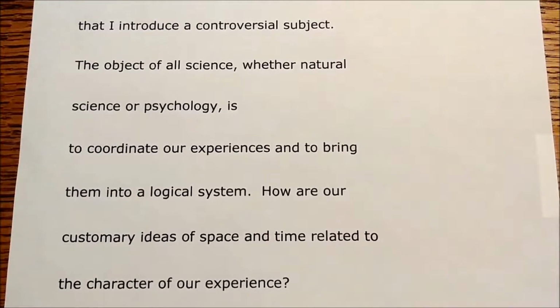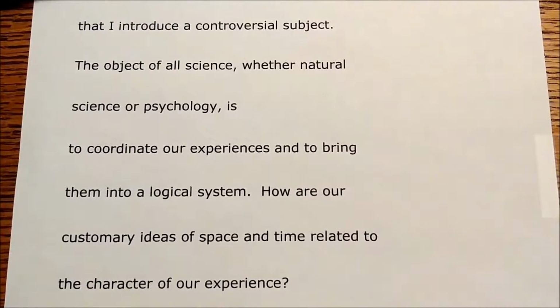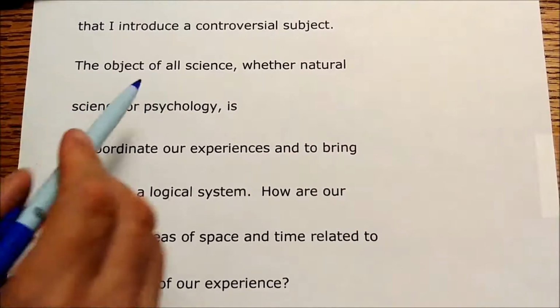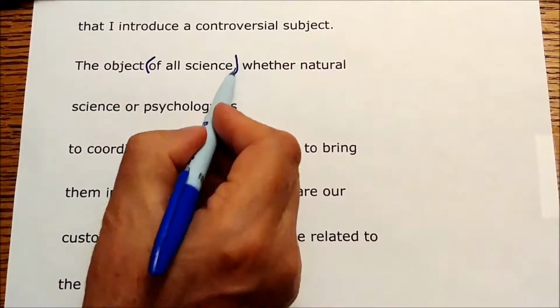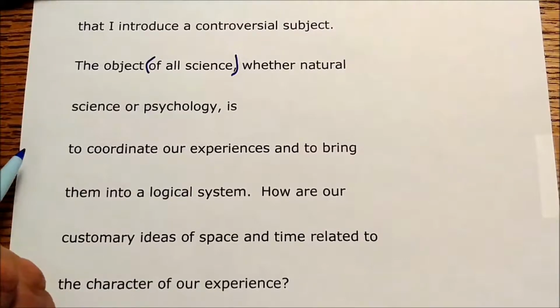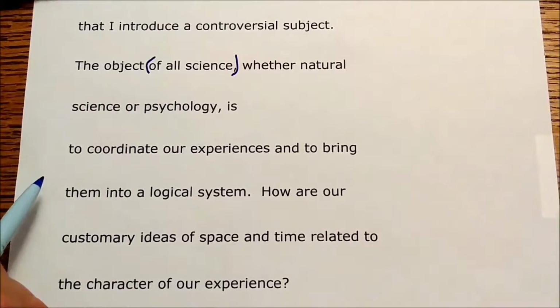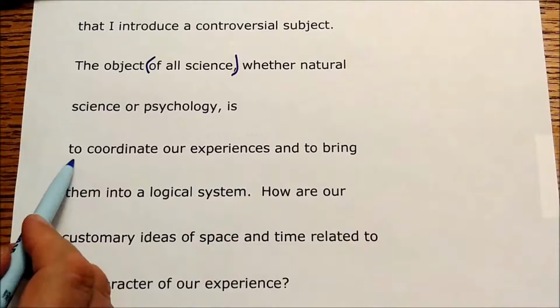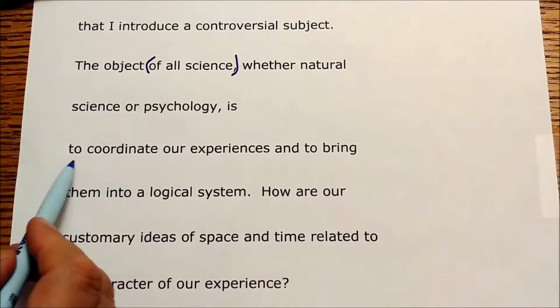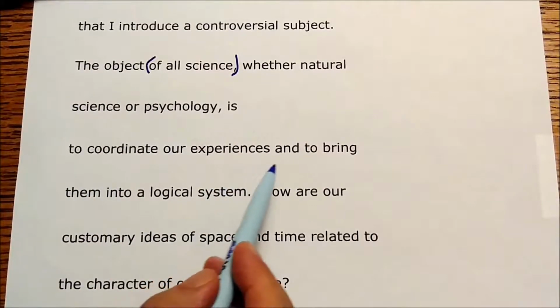Okay, so let's look over this section of Einstein's talk and see if we can spot some prepositional phrases. Let's see, yes, of all science, prep phrase. To coordinate looks like a prep phrase, but it's not. It's kind of a verb. So we're going to let that go.